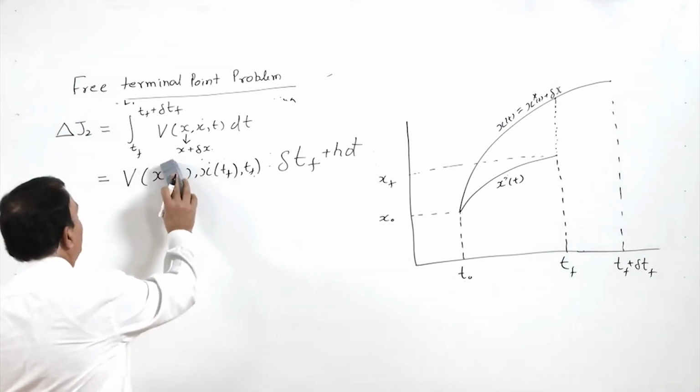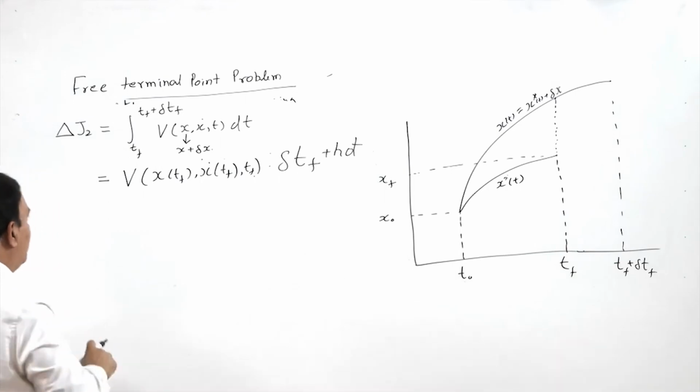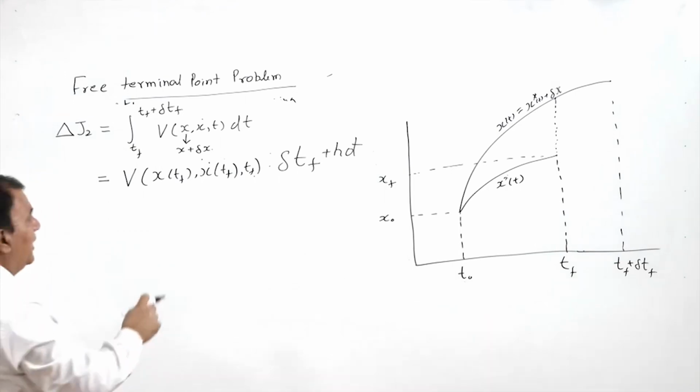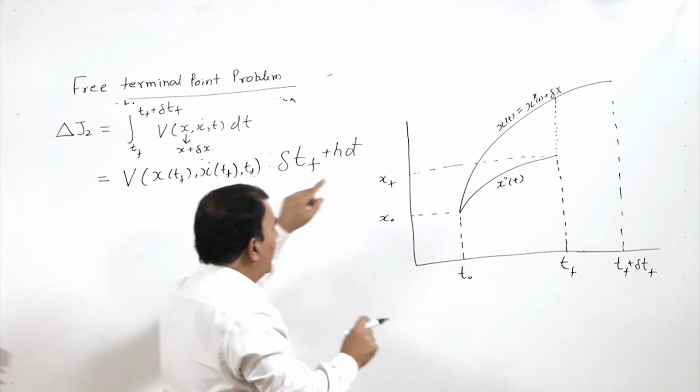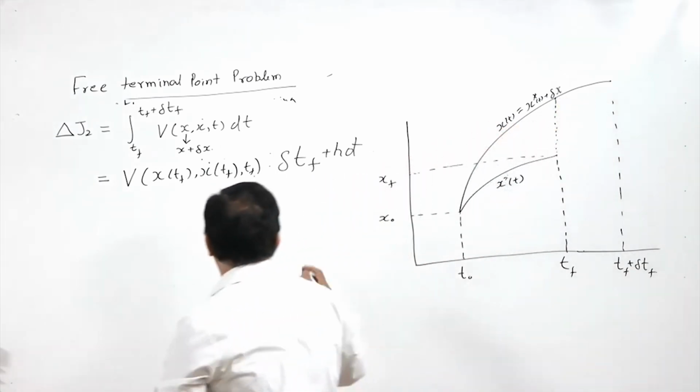Sorry. So, this is x of Tf, x dot of Tf, delta x of Tf. At the Tf point, we will have the variation into this.